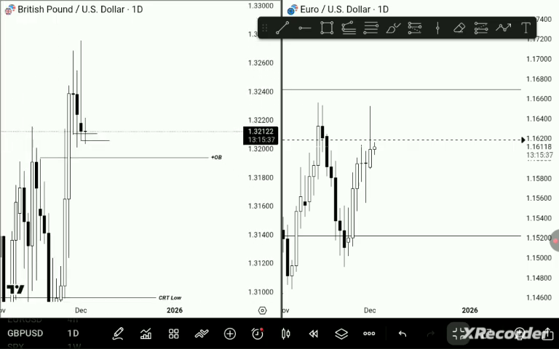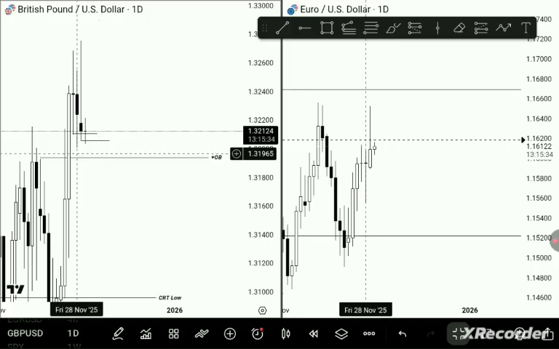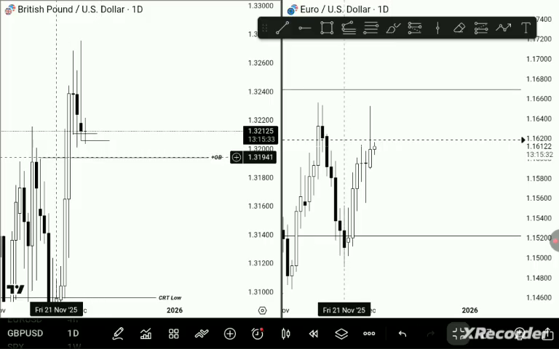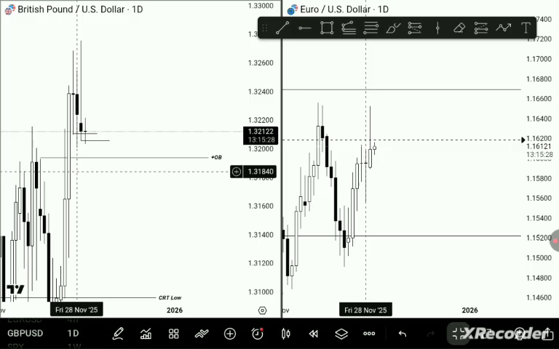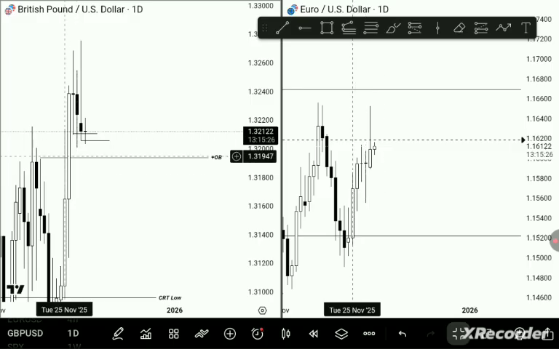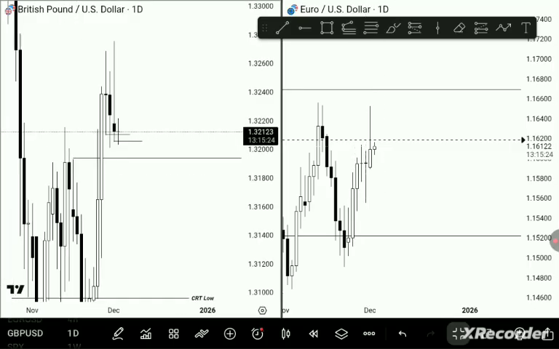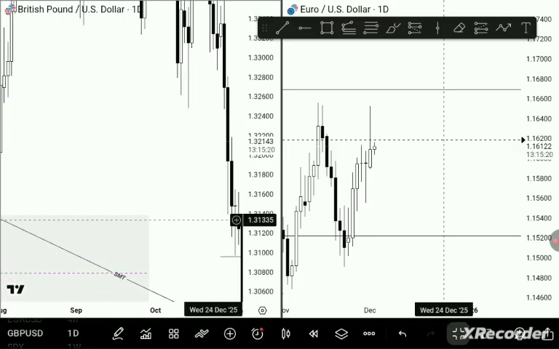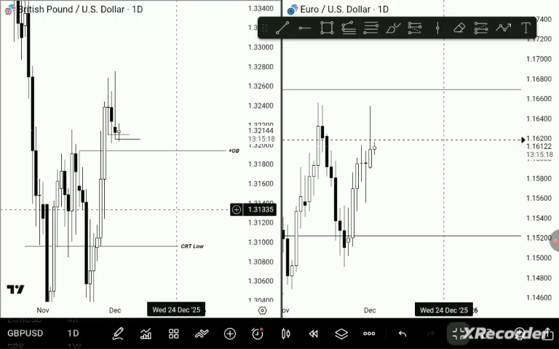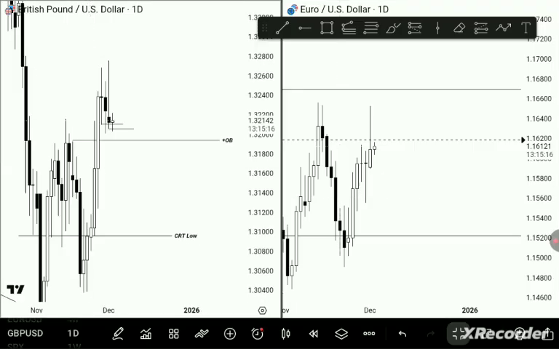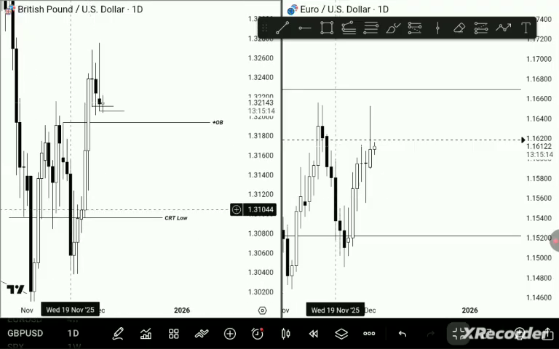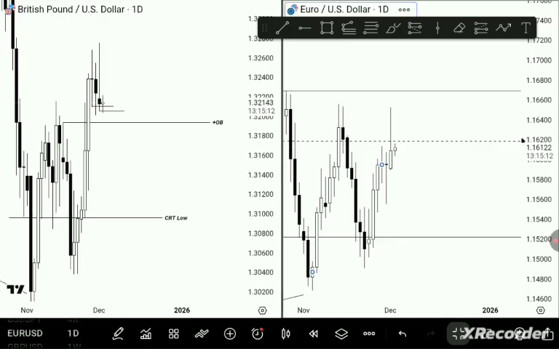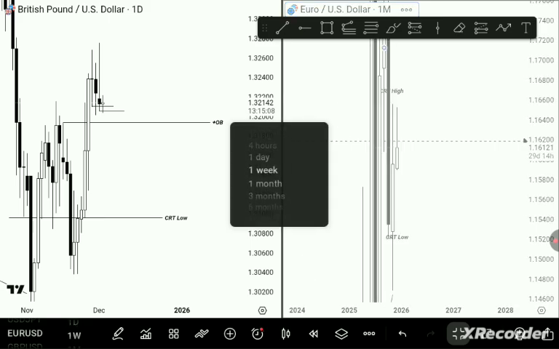On the weekly time frame, we're at this order block, but there's a possibility to see price even go higher without reaching this order block, because there's no other order block on Euro USD which is the same as this one, right? If you look at Euro USD on the weekly, there isn't the same order block.